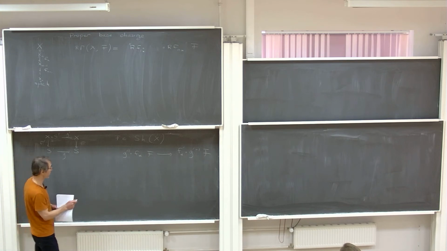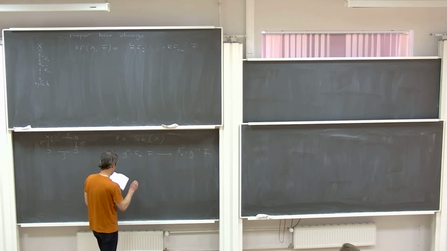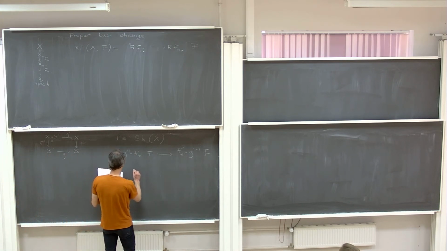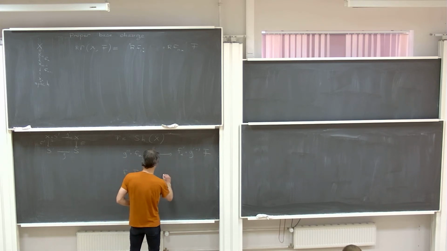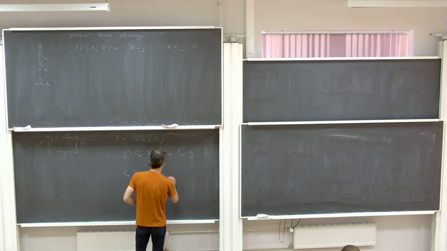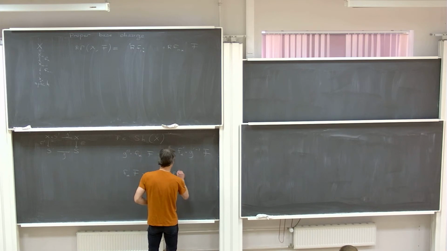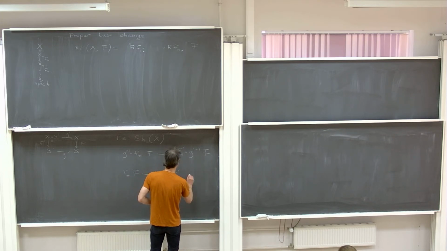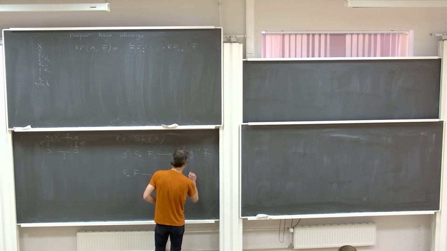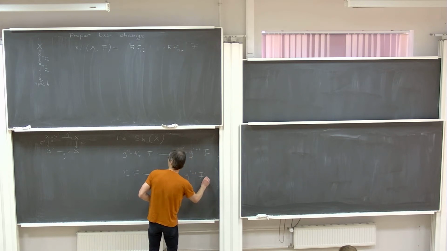Well, let's construct it. So how does it work? Constructing this map is equivalent by adjunction to constructing this map, g_* f_* to f'_* g'^{-1} of F, right?